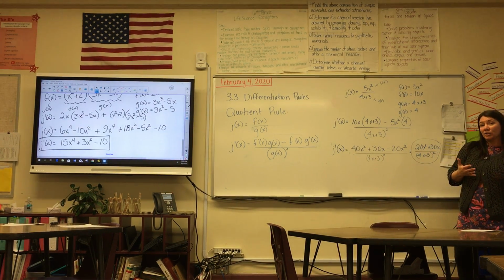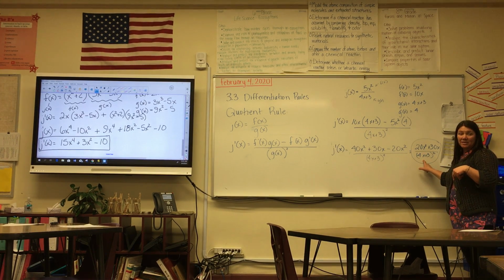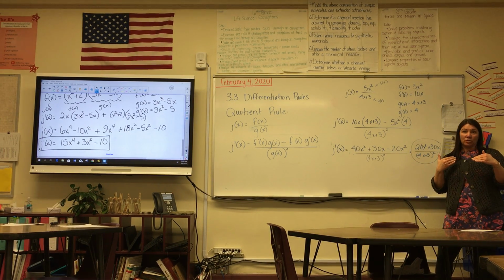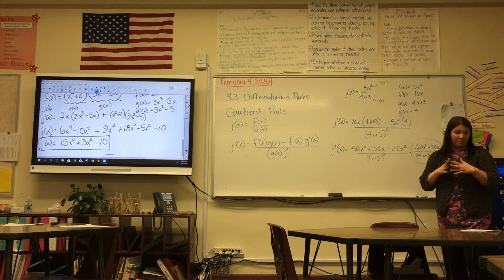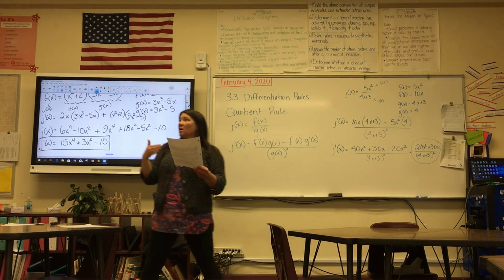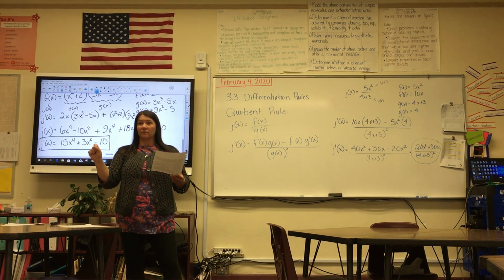Or if you're checking the answer in the back of the book, and the answer in the back of the book looks different, don't assume that you're wrong, just check to make sure you've simplified. And then on a test, I would tell you to completely simplify the derivative, okay?